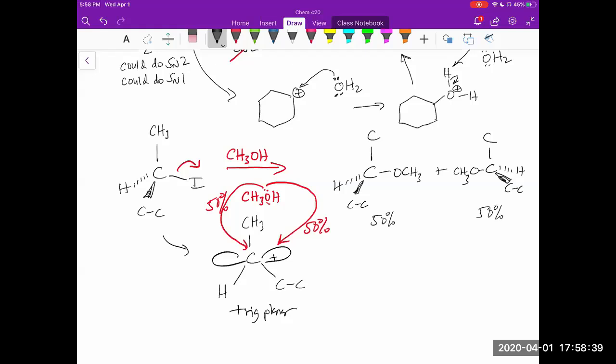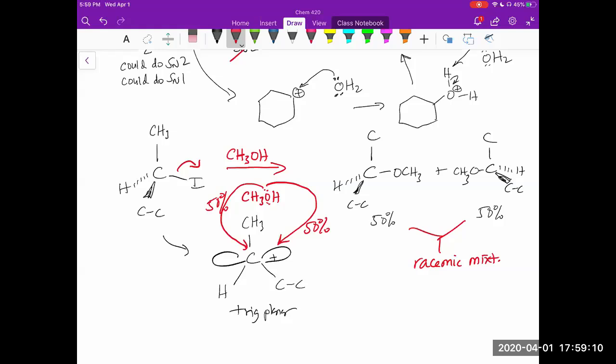Those are enantiomers. And so you end up with a 50-50 mixture of enantiomers. You end up getting racemic mixtures. So you can't say that they invert all the time. They do invert half the time, just 50-50.